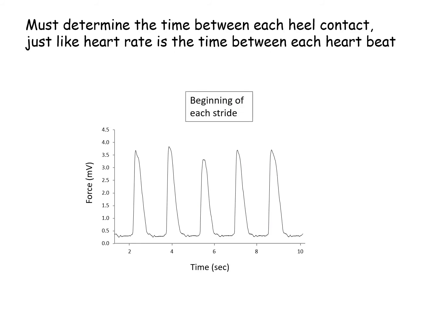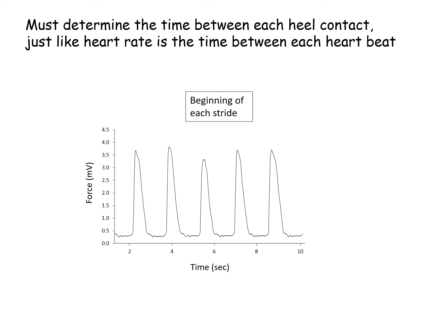So we determine the time between each heel contact, just like we might look at in heart rate. When you're looking at an ECG, you'll often hear them referred to as EKGs. EKGs only work in Germany because German doesn't use the C, they only have K. In the US, we say ECG, it stands for electrocardiogram.